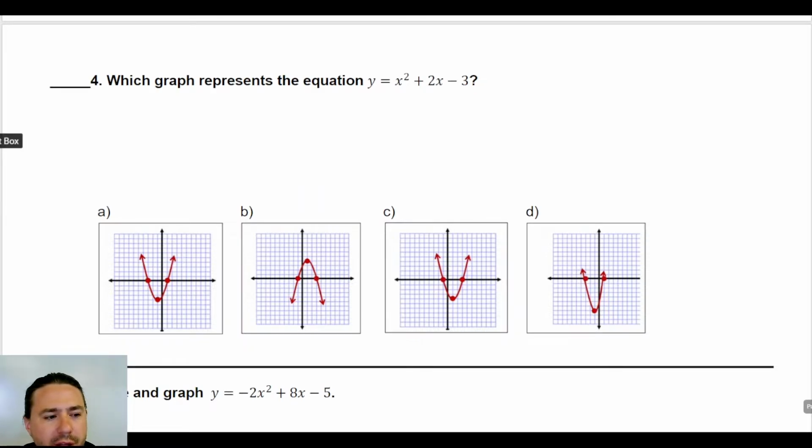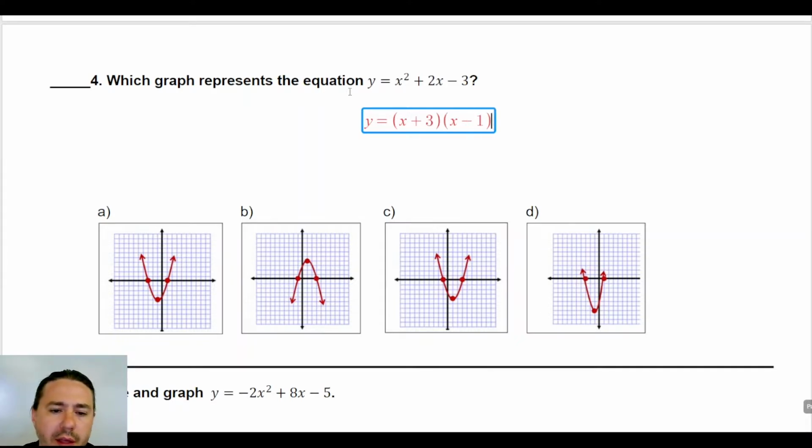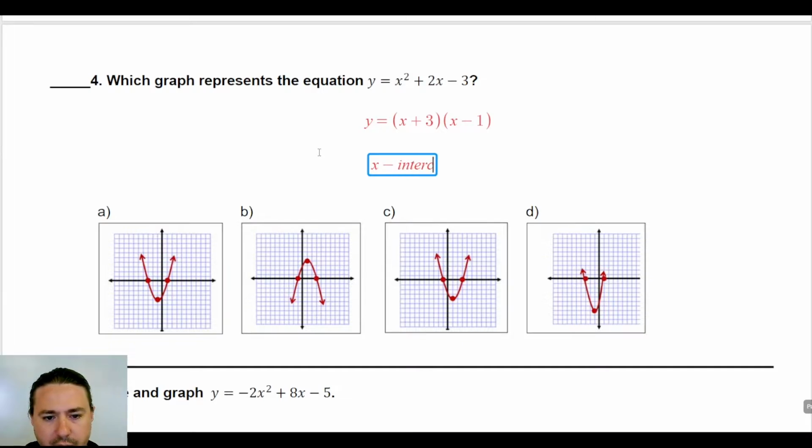On number 4, it's asking us to match up the equation to the graph. So if we factor this and put it into that intercept form, kind of like the last one, what we would get is x plus 3 times x minus 1. And we can see that our x-intercepts are going to be -3 and +1.